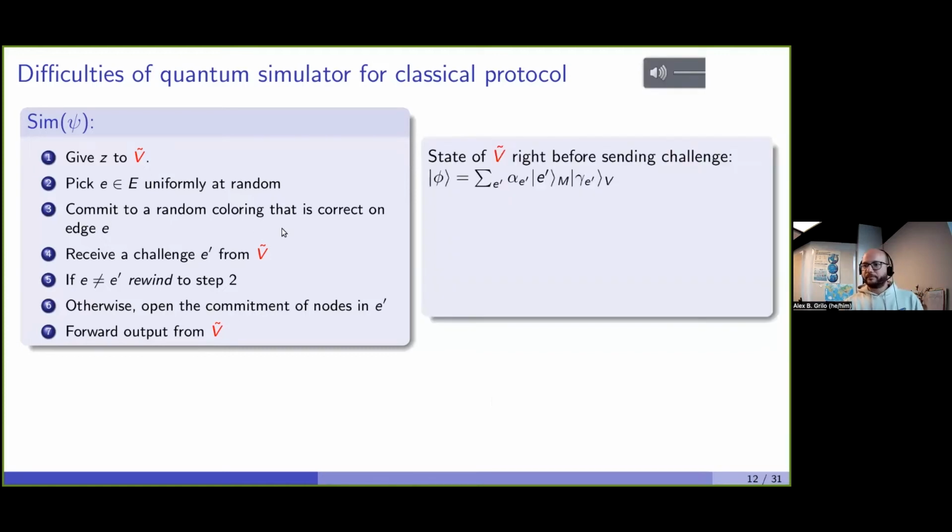S, the simulator, is just a quantum algorithm that is running this circuit, and the state just before the verifier sends the challenge is E prime, where E prime is the message sent by the verifier, and some state gamma E prime that's chosen by the verifier.